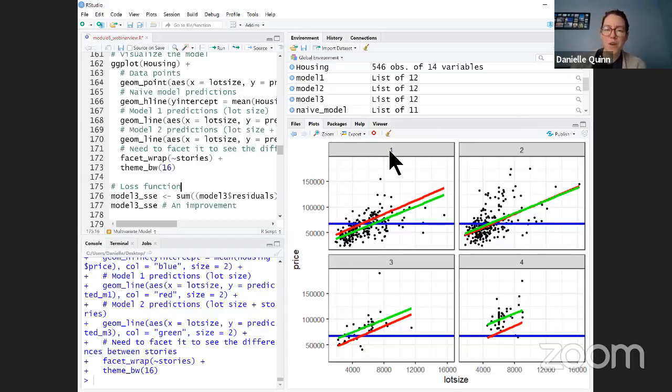We could say if we have a 1-story house with a lot size of about 8,000, we would predict it's somewhere around, I don't know, $75,000, roughly. But if we have a 3-story house with an 8,000 lot size, we're predicting it's about $100,000. A 4-story house is even a little bit higher, maybe 110. So as we start adding dimensions, it becomes much harder to actually visualize this.